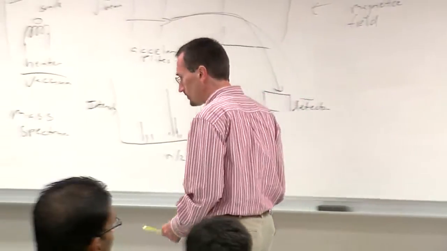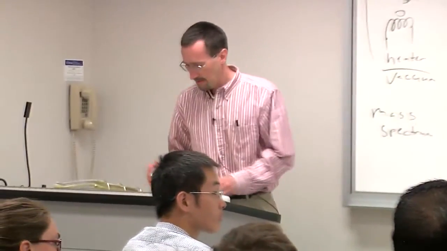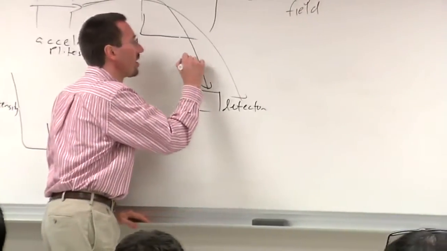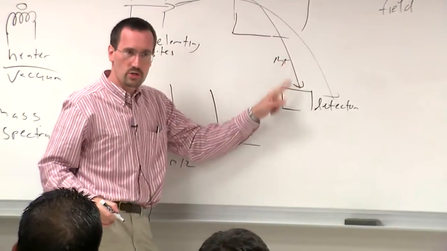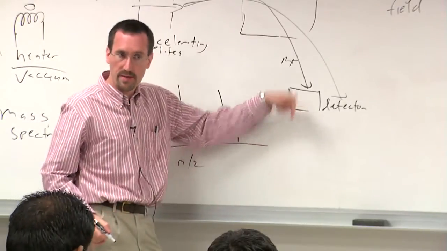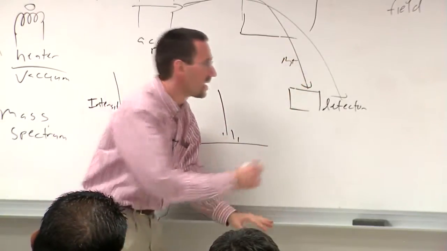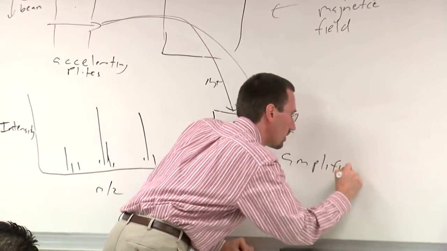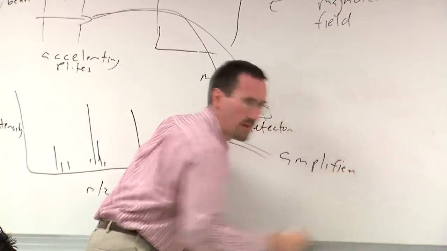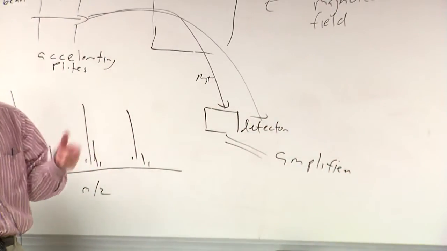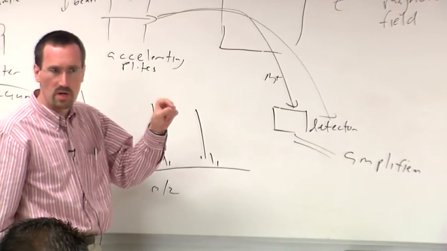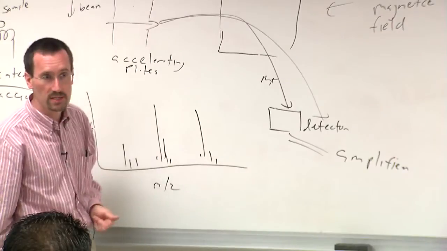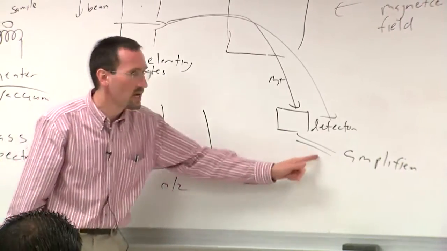James? So the detector produces a current. How does it produce the current? Well, very simple. If you have M plus, a charge, going to a detector, that means you've got electricity going in. And so you send that to an amplifier, just like a microphone in your cell phone generates a minuscule current, and then it goes to an amplifier and then gets digitized in that case, and gets broadcast.